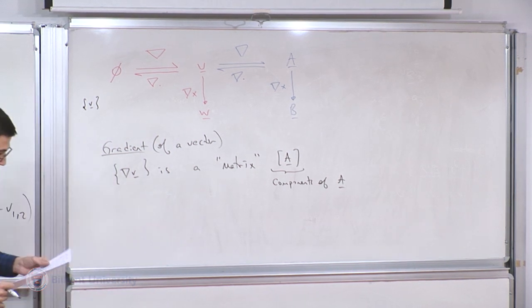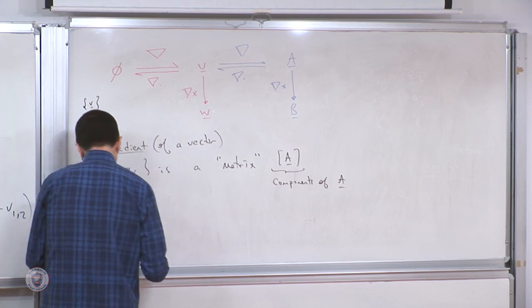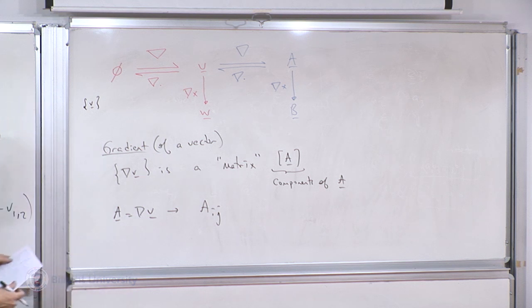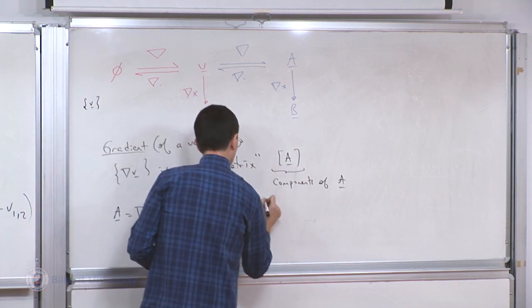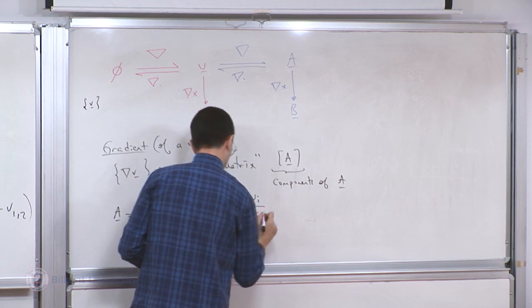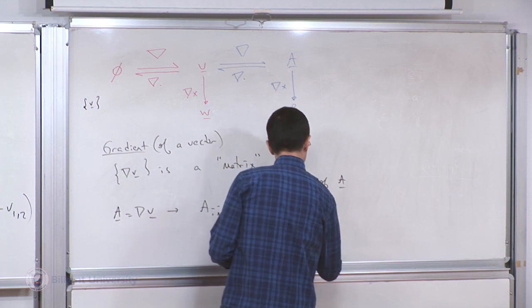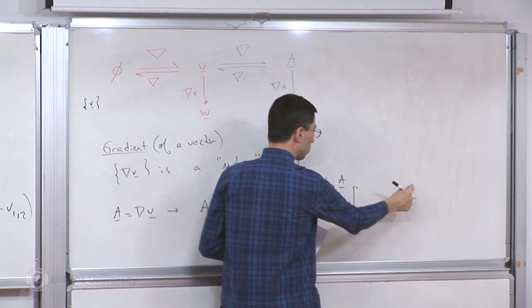So A is the gradient of V. Because it's a matrix, every component will have two indices, and it is defined as del Vi over del Xj. Therefore, if I build a matrix out of the components of A, it's 1,1, 1,2, 1,3, right?